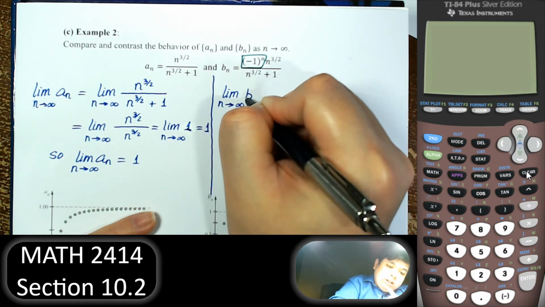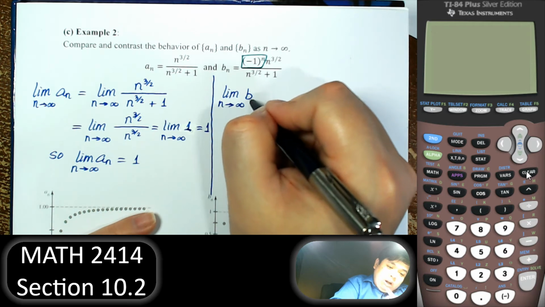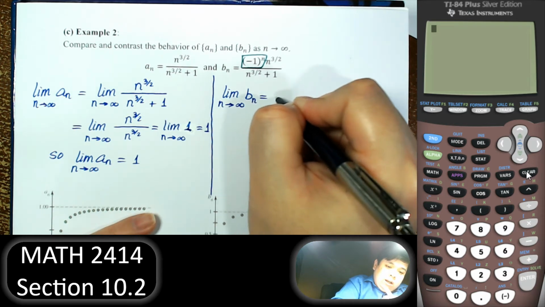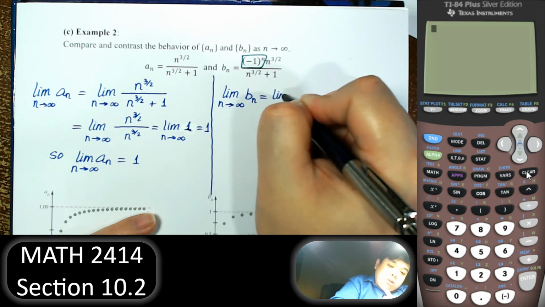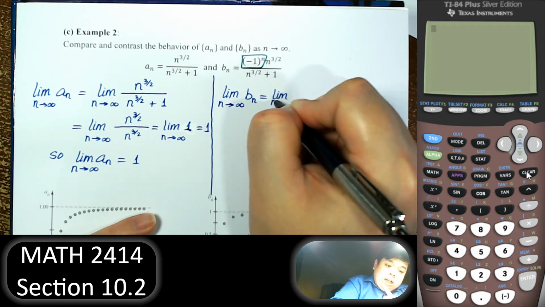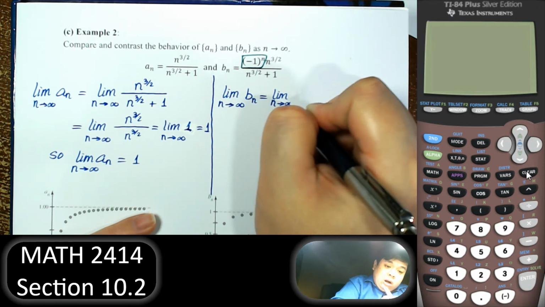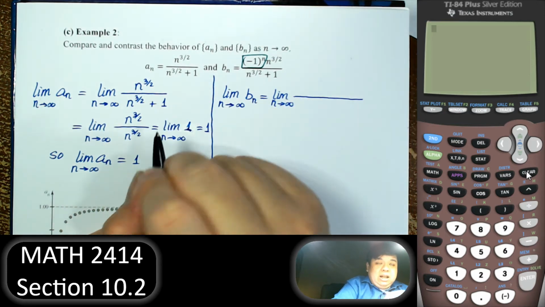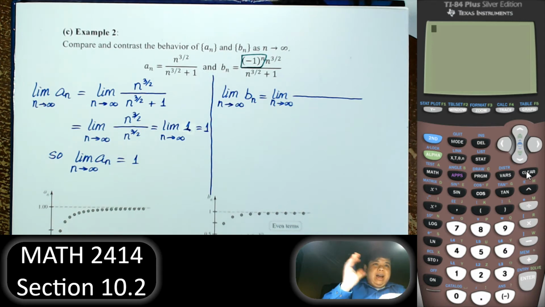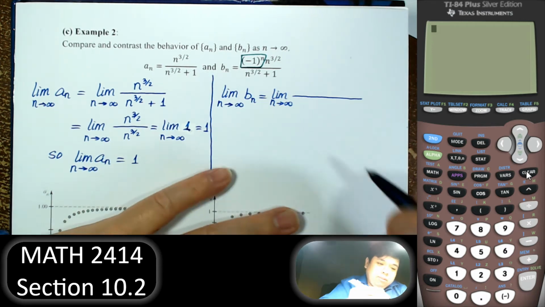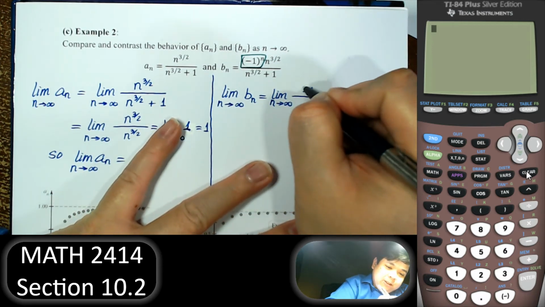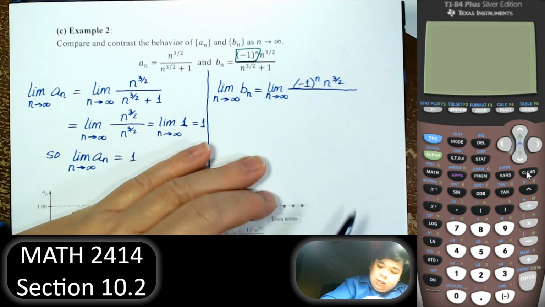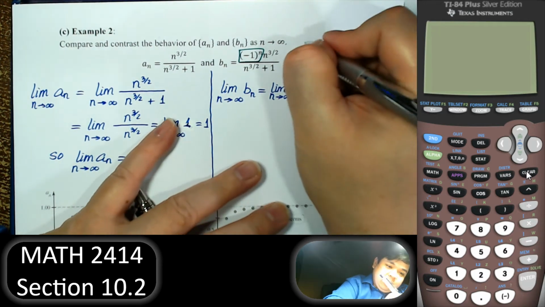So the only difference is we have the negative 1 to the n power. By the way, it doesn't matter if it is 1 or negative 1, it is still a constant. It doesn't have n in it, right? It has n in the exponent, but the value is just negative 1 or 1.